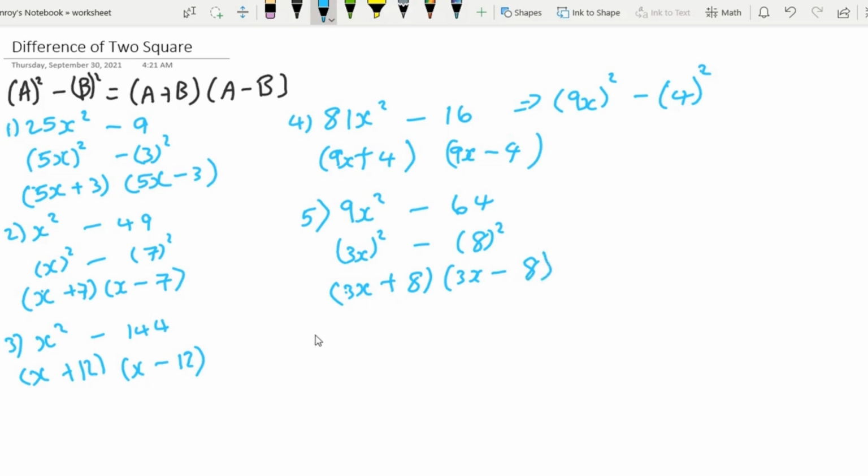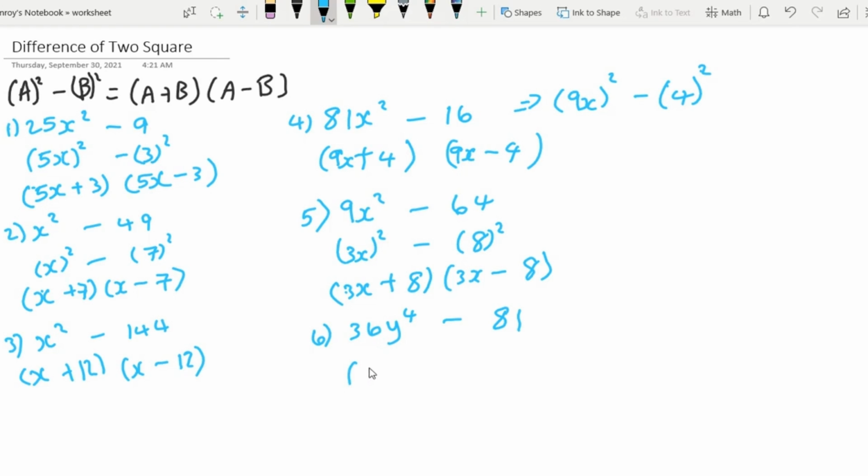Now, this final example is 36y to the fourth power minus 81. Alright, so we can pause the video and try to do this. Alright, so let's work it. Now, 36 is a perfect square.